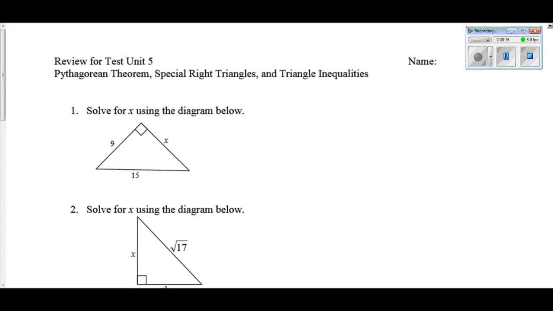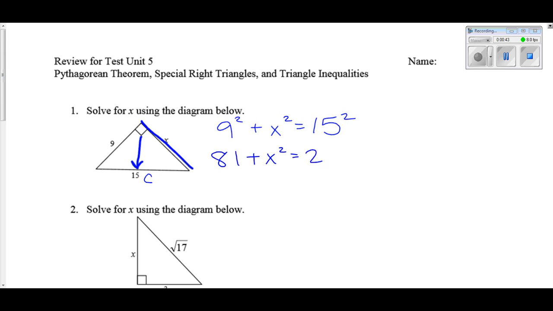So let's look at number 1. Solve for x using the diagram below. Since x is the side of our triangle here, I can just use Pythagorean theorem. The 15 is across from my right angle, so I know the 15 is my hypotenuse, so that's my C. So then I would have 9 squared plus x squared equals 15 squared, so 81 plus x squared equals 225.